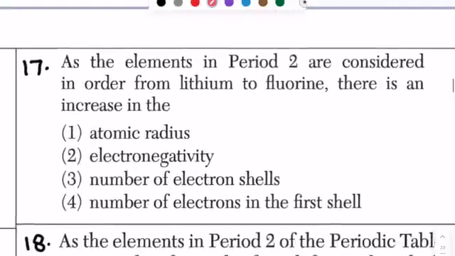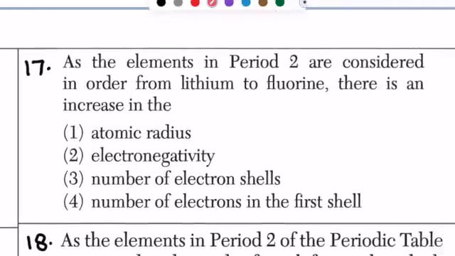Then as the elements in period 2 are considered in order from lithium to fluorine, there is an increase in the... So we are now looking at the period and we are saying which thing is going to increase. The atomic radius. So as we go across the period from lithium to fluorine, we do add an extra electron every time and an extra proton. However, the number of orbits are the same.